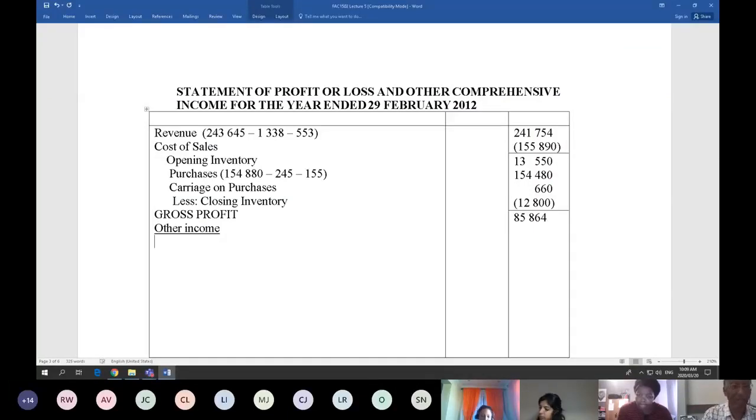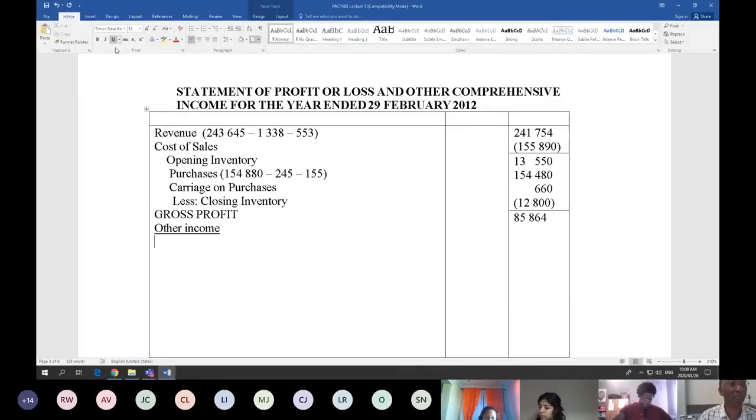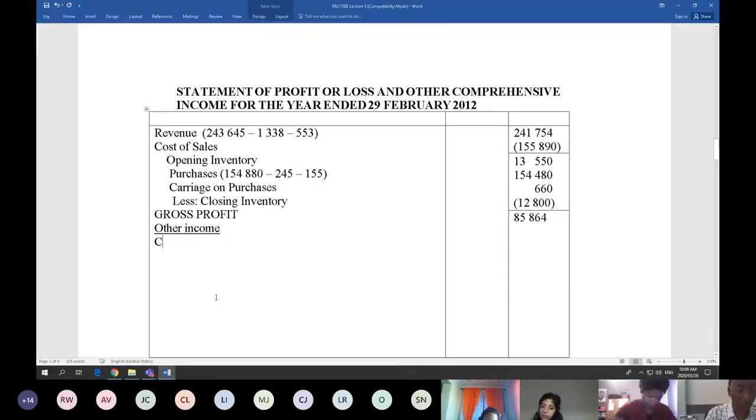First, we will have our commission income. And our commission income is the amount of 15,000. Then we will also have another income, and that is rent income.